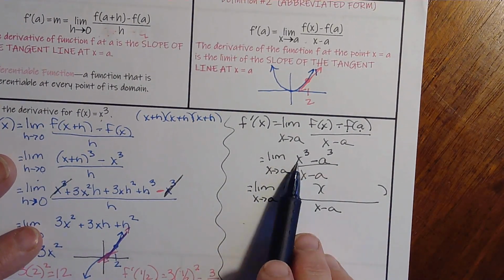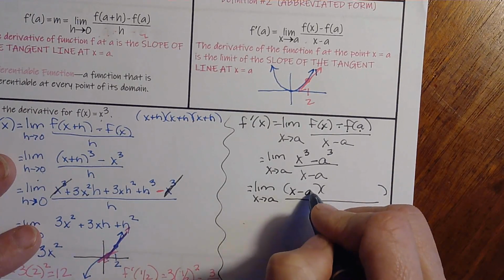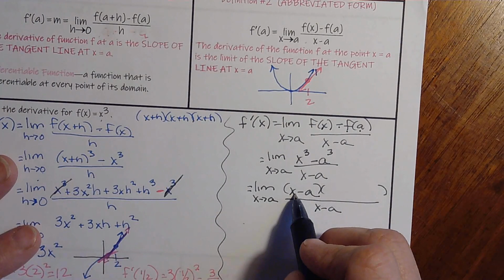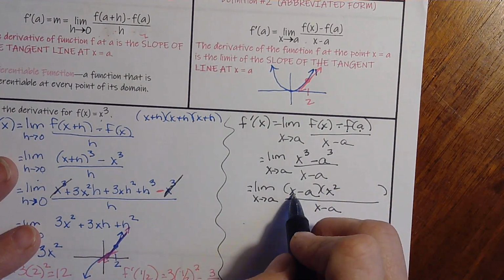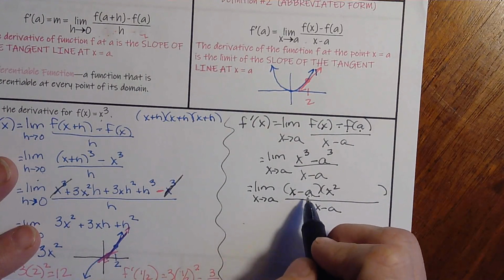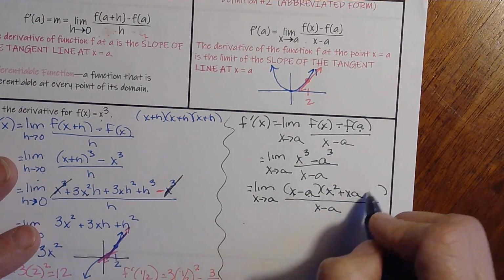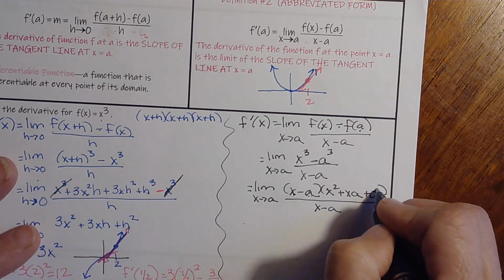My binomial factor for x cubed minus a cubed is x minus a. To get the trinomial factor, I'm going to take my x and square it. My middle term, multiply these two together and change the signs. So that would be plus xa, and then plus, I'll take my a and square it.